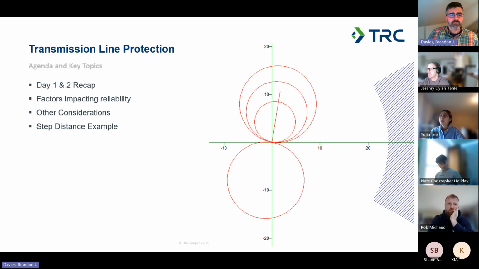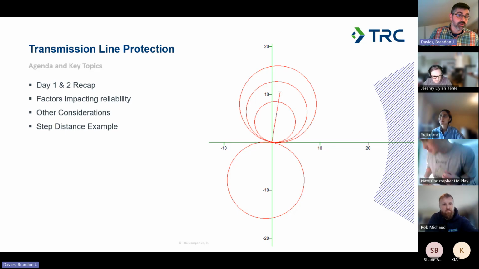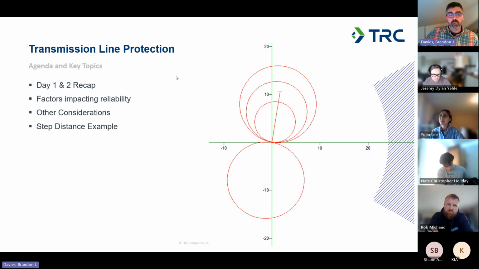We are going to talk in a little more detail about some of the factors that impact reliability and the two reliability considerations, security and dependability, related specifically to distance protection and step distance schemes. And take a look at some of the other unique scenarios and considerations that we might run into when applying a distance protection or step distance type scheme.